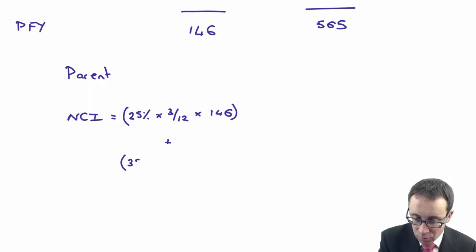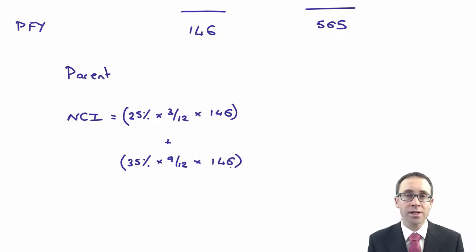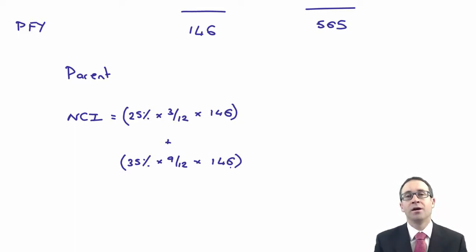And then for the last, was it 9 months? It was there as 146. Okay, so 3/12 of the 146, 9/12 of the 146. The first 3 months was a 25% NCI, and the second 9 months was there, was it 35%?